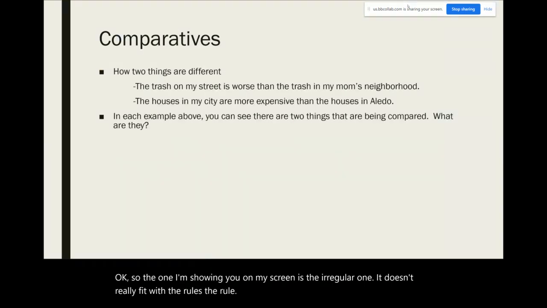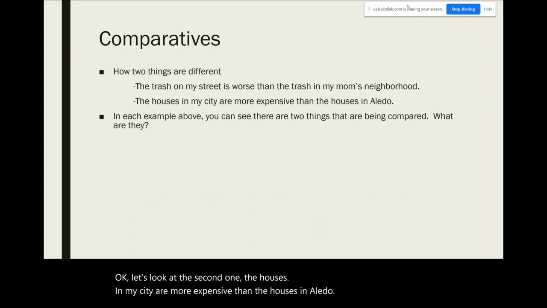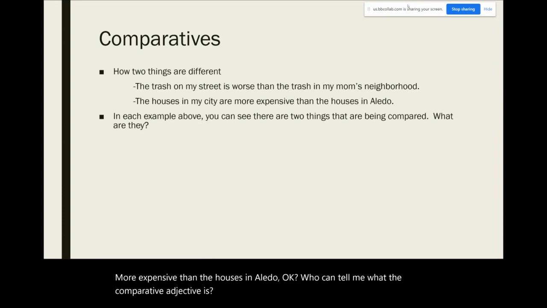Okay, let's look at the second one. The houses in my city are more expensive than the houses in Aledo. More expensive than the houses in Aledo. Okay, who can tell me what the comparative adjective is? Expensive.